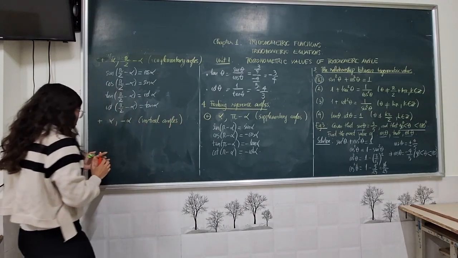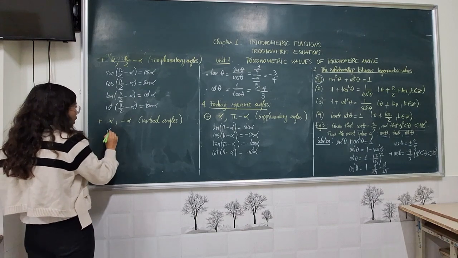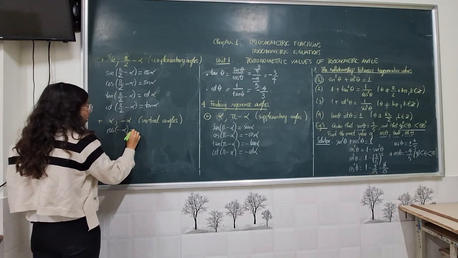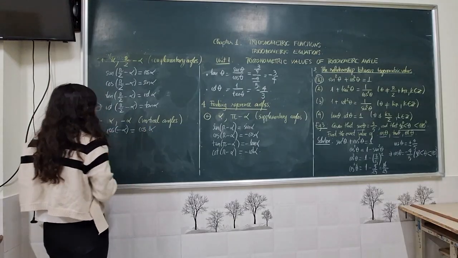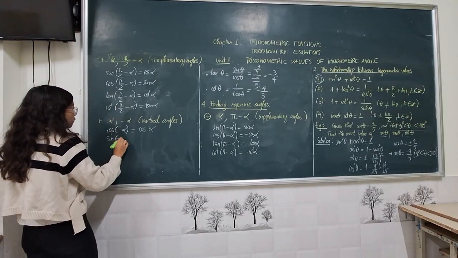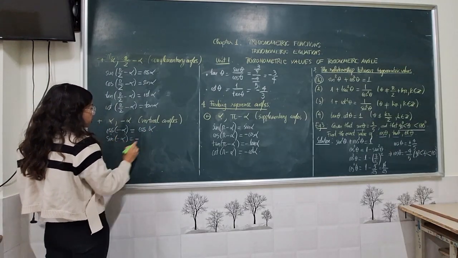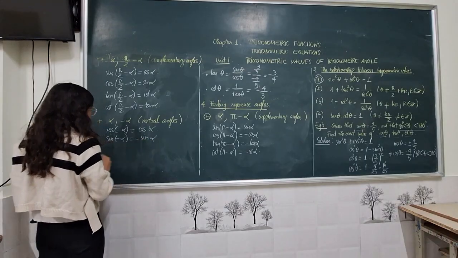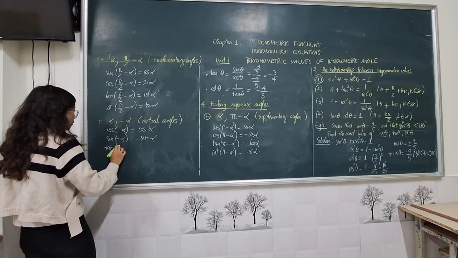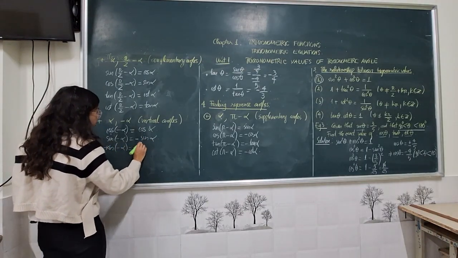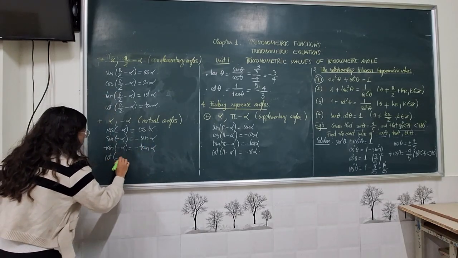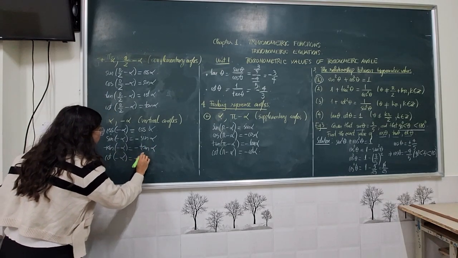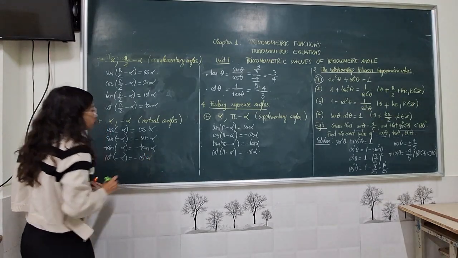With vertical angles, we always have cosine of negative alpha equals cosine alpha. Sine of negative alpha equals negative sine alpha. And tangent of negative alpha equals negative tangent alpha. And cotangent of negative alpha equals negative cotangent alpha.